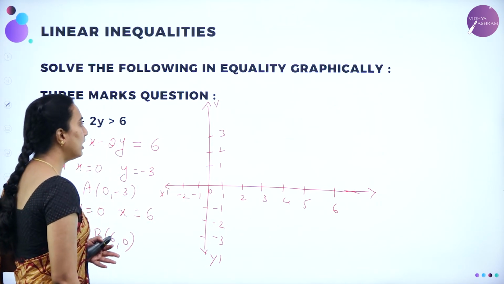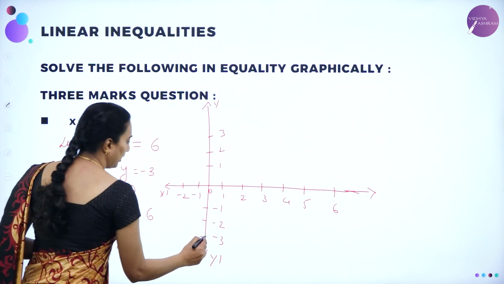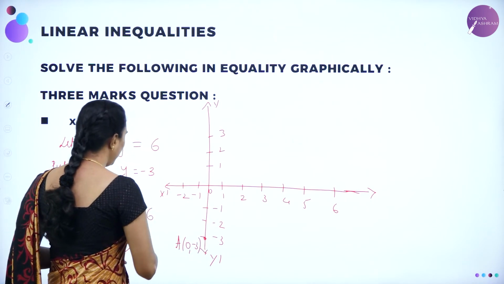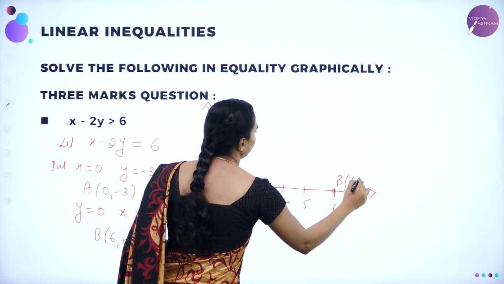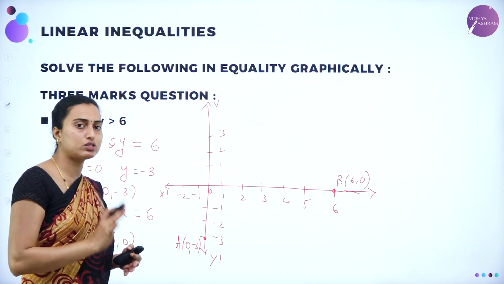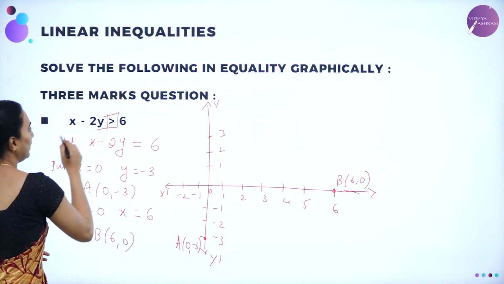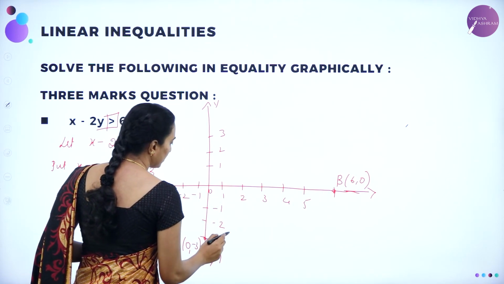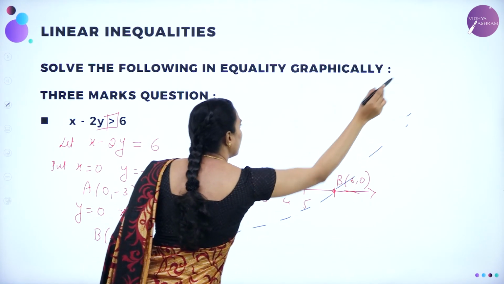Now you can draw the line by joining the points after marking. 0, minus 3 will lie here. So this is A of 0, minus 3. And B of 6, 0 will lie here. So this is B of 6, 0. Now are you going to draw the line as a broken line or solid line? Yes, it is a broken line because they have given a strict inequality. So you can join these points by a broken line.